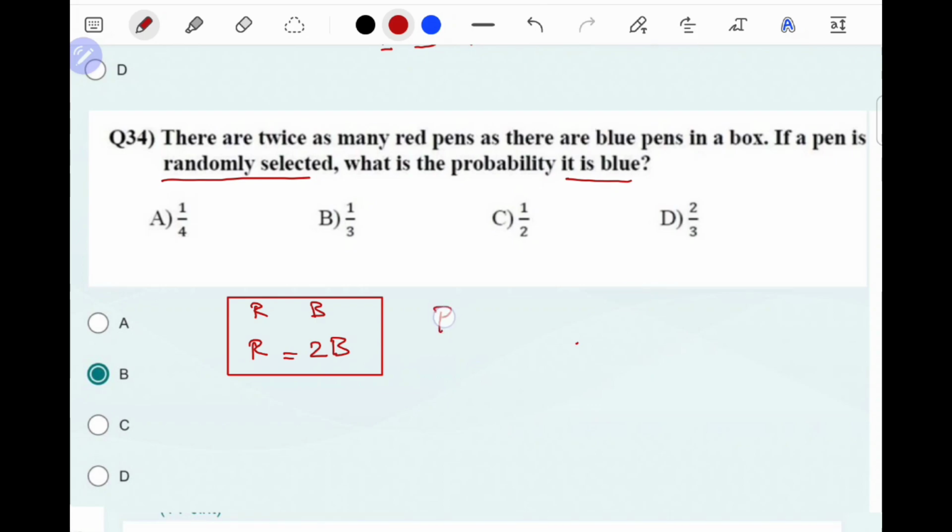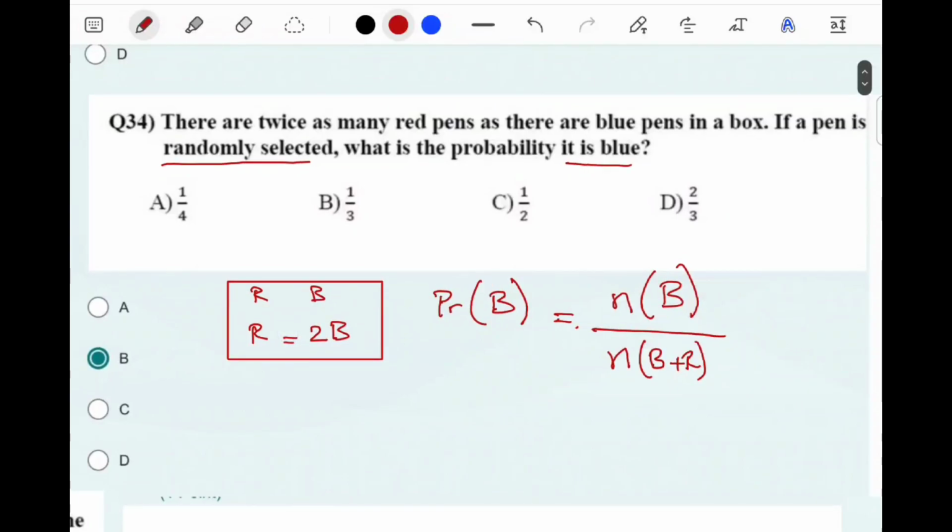So the probability that we pick a blue pin, according to the probability theorem, is equal to the number of blue pins in the box divided by the total number of pins in the box, blue and red.